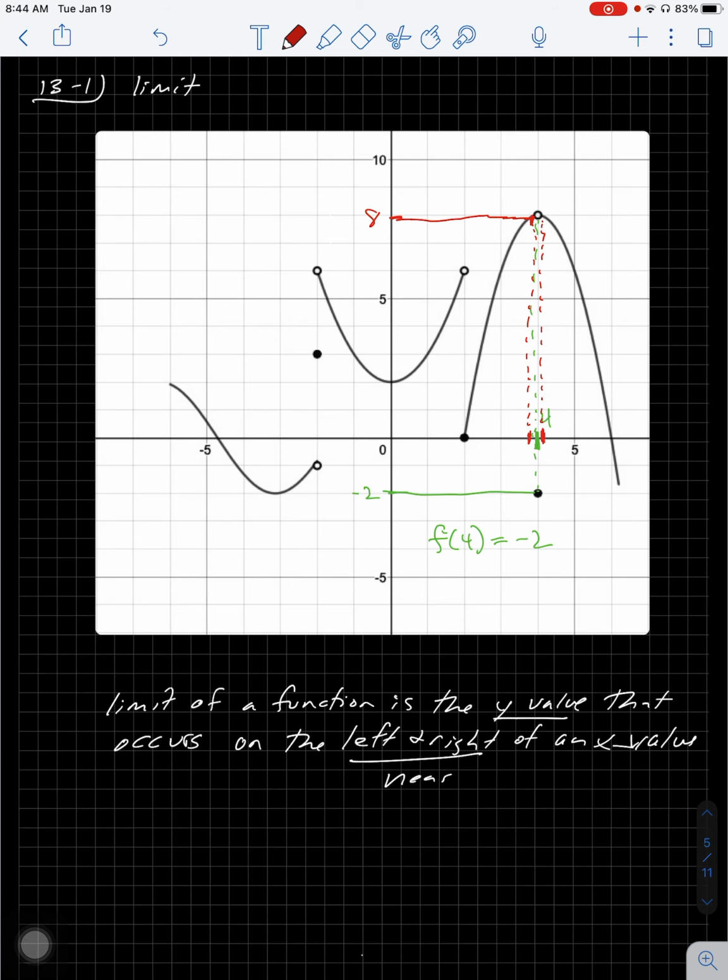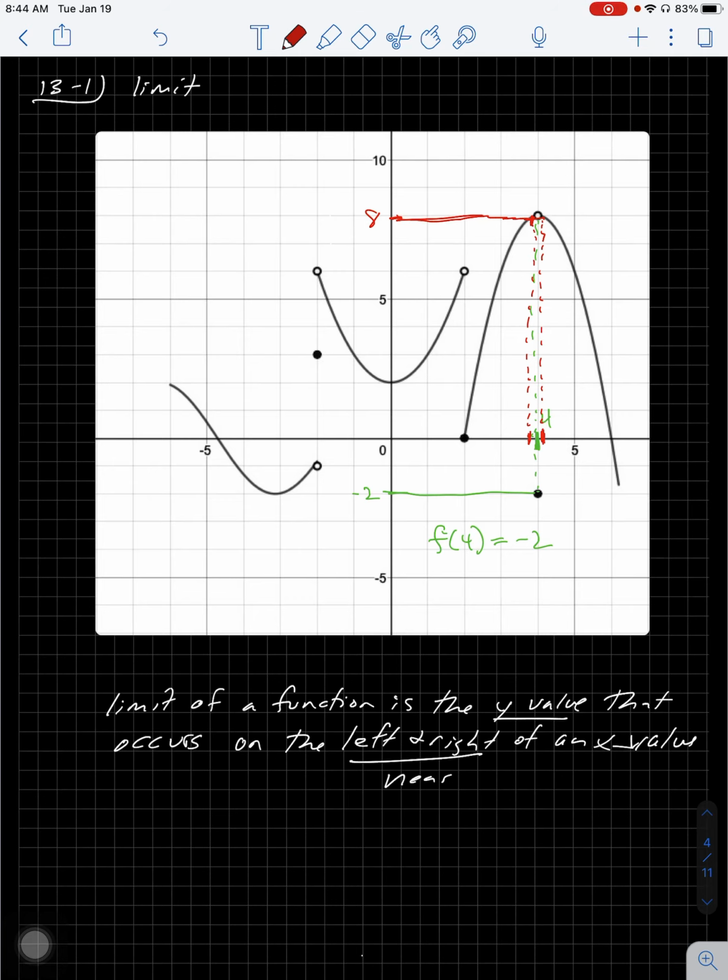I track up and I'm very, very close to 8 again. So what I would say is the limit of the function at 4 is 8. So the difference is the limit is right on either side of the value, and the function value, f of 4, is right at the value.